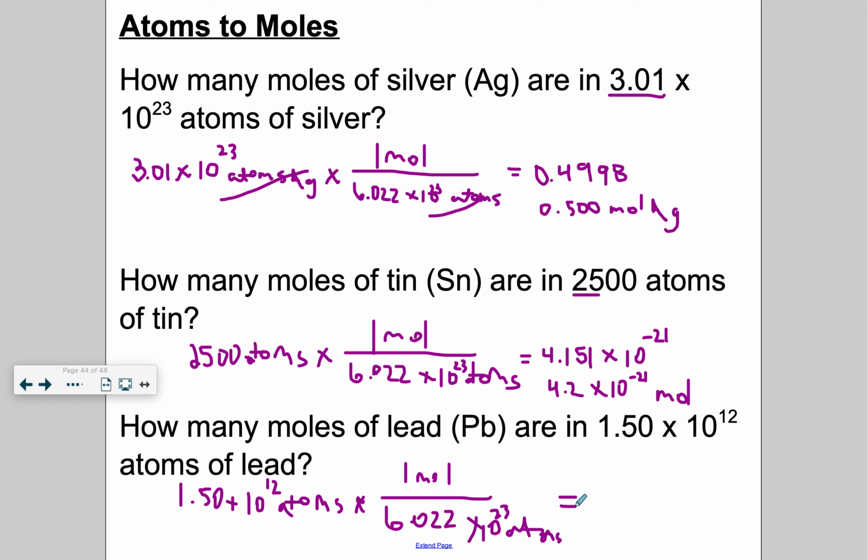All right, now we can punch it in our calculator. 1.5 times 10 to the 12th divided by Avogadro, 6.022 times 10 to the 23rd. And then I get 2.490.